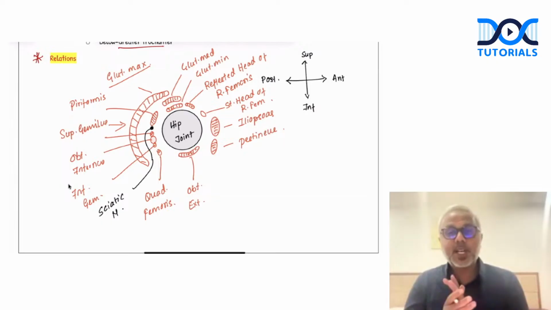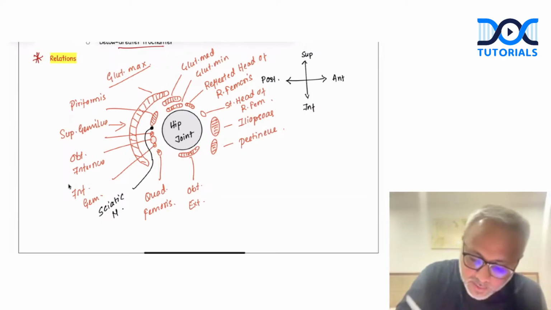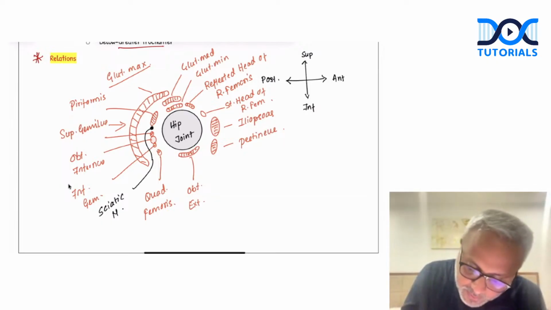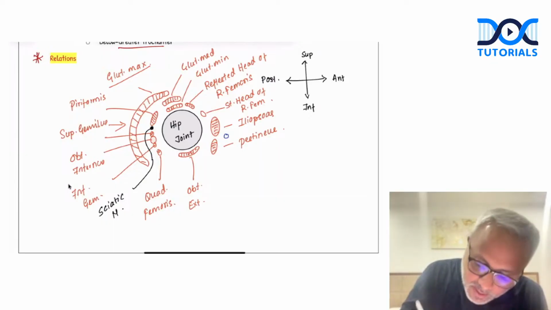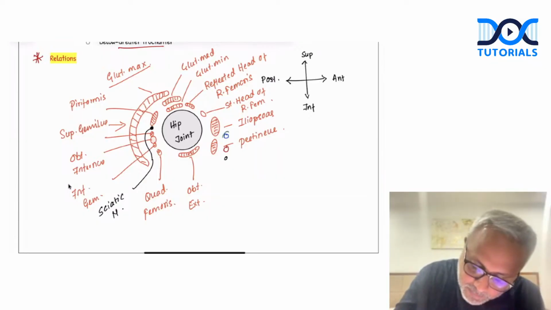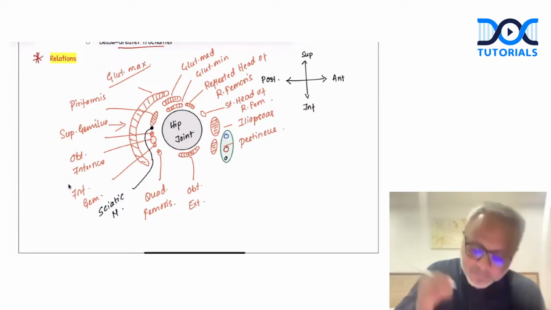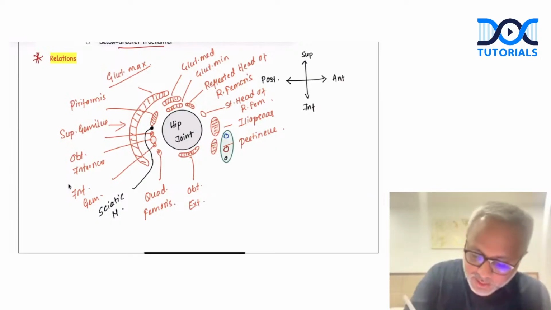Apart from this, what are the other structures we need to write? We need to write the vein, artery, and nerve. The vein and artery are present within the femoral sheath, right? So what are these structures?